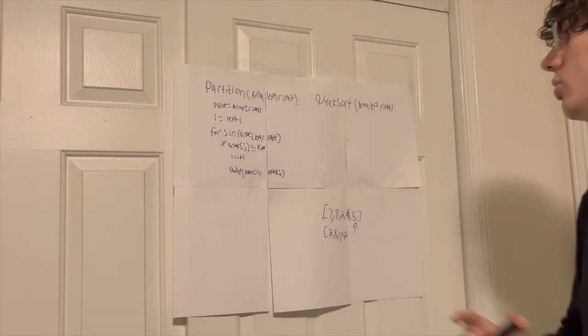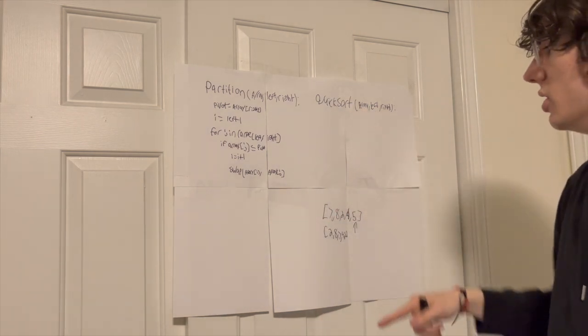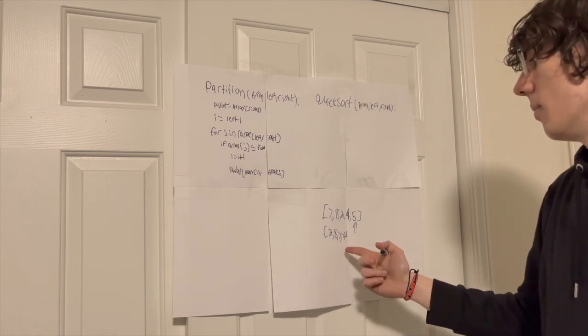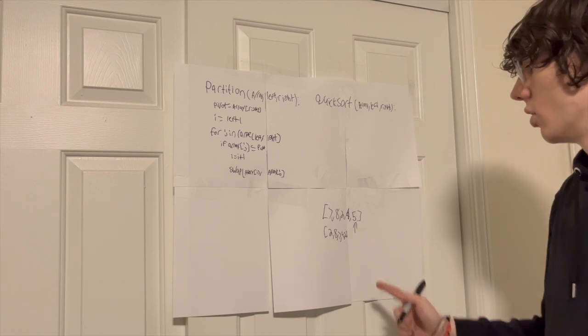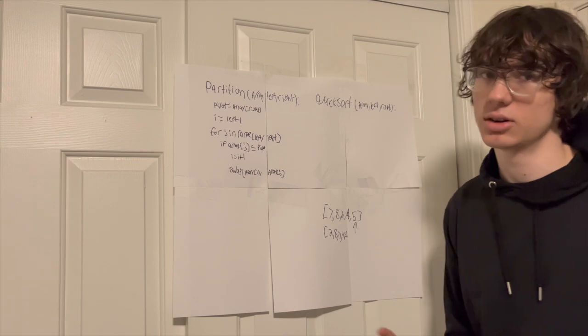Okay, what do we want to do next? Well, this loop is going to continue until we don't have any elements left except for the pivot. So we need to have one more swap outside of the for loop in order to handle the pivot.